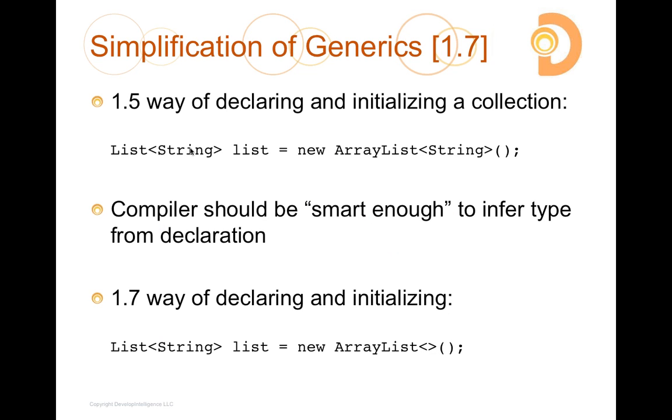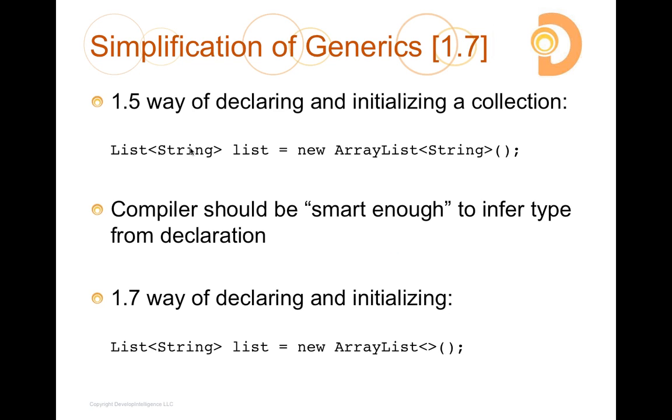In 1.7, while the syntax in 1.5 is relatively straightforward, it feels a little bit redundant. So in 1.7, sticking with the 1.7 theme of simplifying the syntactical representation of things in the Java language, you'll notice that the diamond operator syntax has been simplified. The first example shows you what you would do in 1.5 to create an array list of strings.